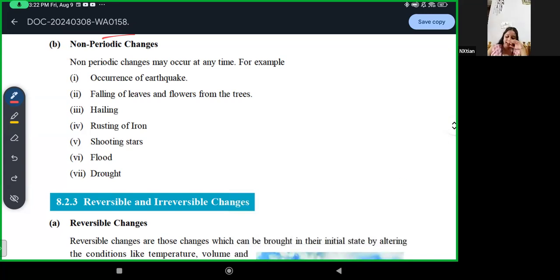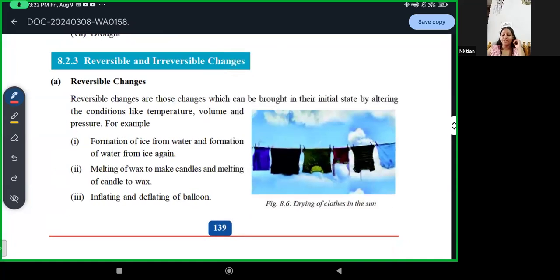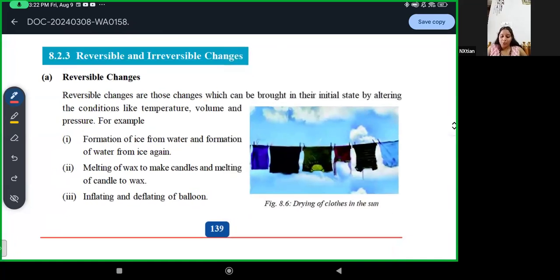Then we have reversible and irreversible changes. So what is reversible? What's the meaning of reversible? It means which can be reversed back. For example, suppose I took water and cooled it, or froze it, and then it became ice.